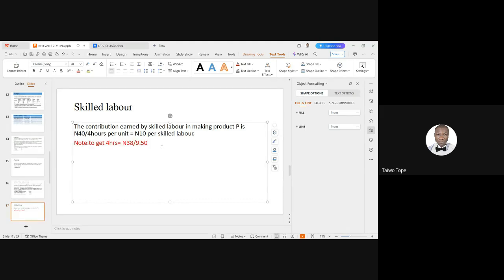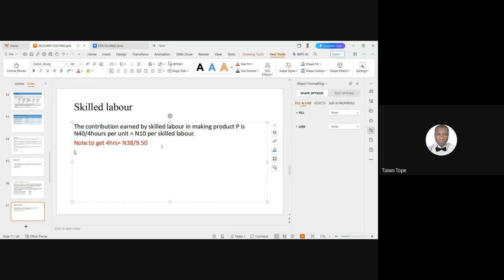So now I want us to understand this. These skilled laborers are already working in producing product P. Now you're bringing them from another unit to help in the production of another product, the relevant cost will be what?